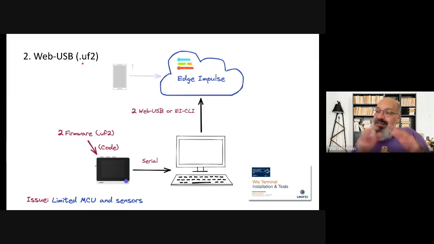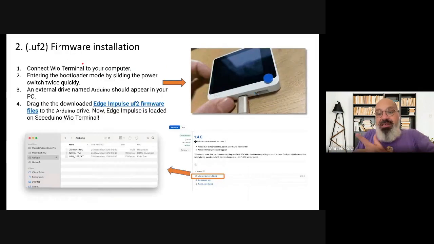Your computer sees the device, when you put it in boot mode, as an external drive, like a pen drive. So when you click twice here to put it in boot mode, it will appear in your computer as a drive.